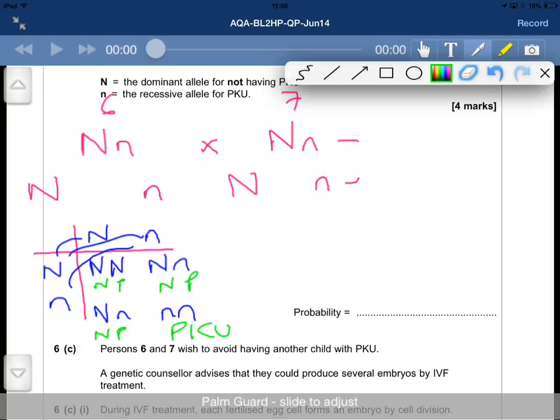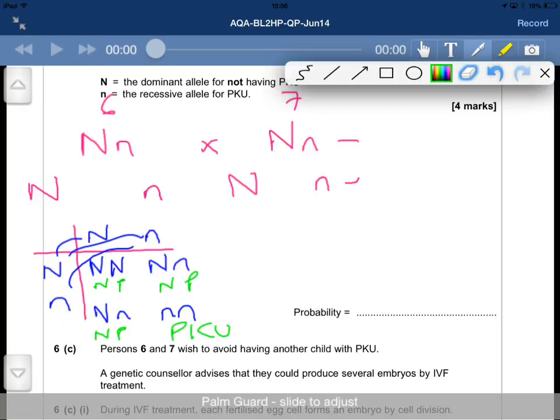There's always a 75% to 25% chance of the dominant to recessive ratio. Every single one. So this is what I'm talking about, these questions being repetitive. As soon as you see a heterozygous cross, you can know that the answer should be 25%. But you mustn't just write that, okay?